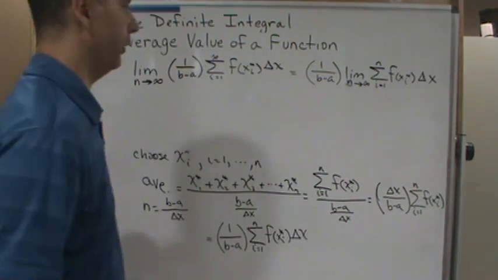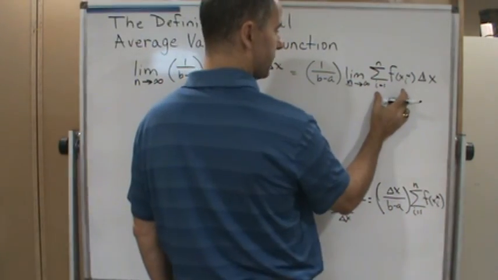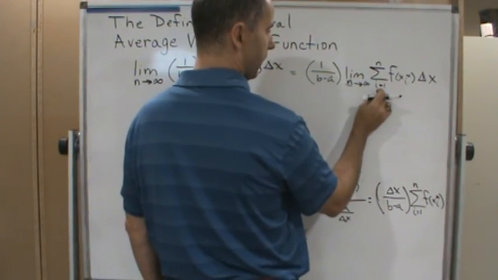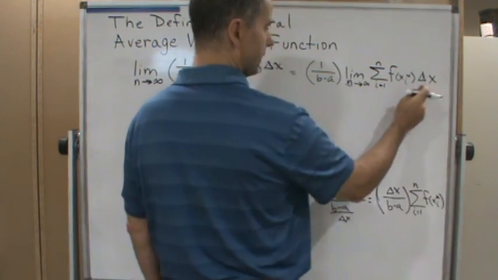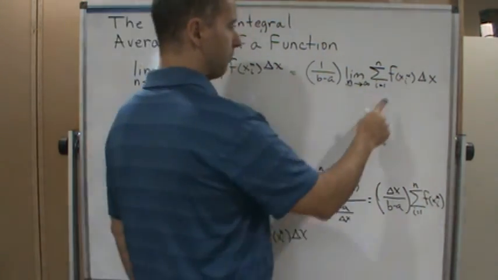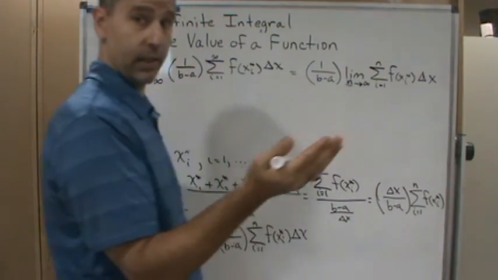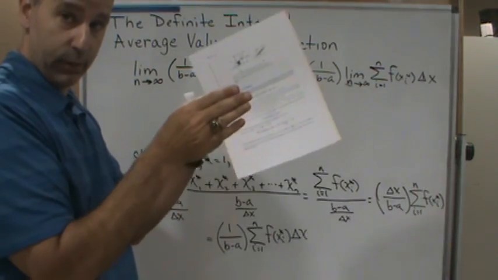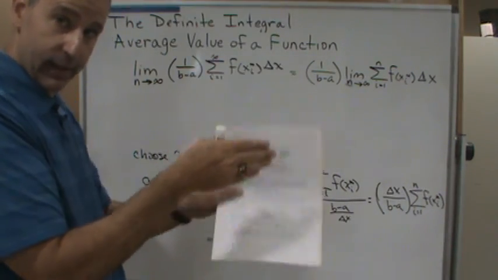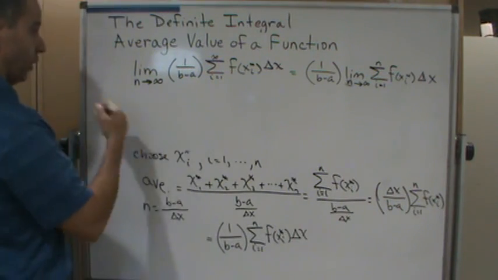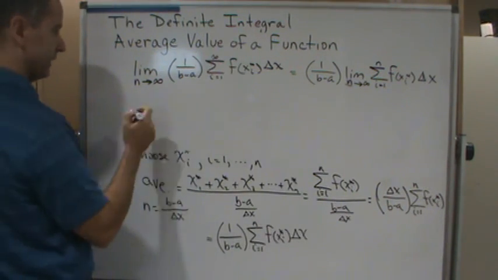Okay, now we know what happens to this. This becomes an integral, this becomes dx. And then our sample point just becomes x because the subinterval basically reduces to 1 point at x. So at an infinite number of x's now.